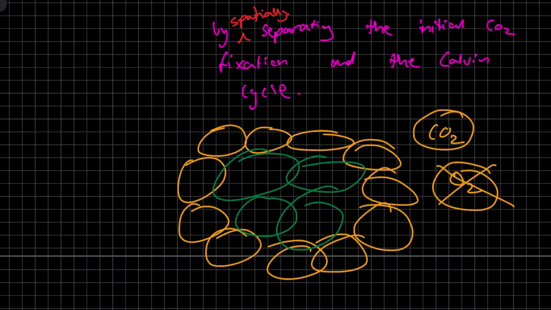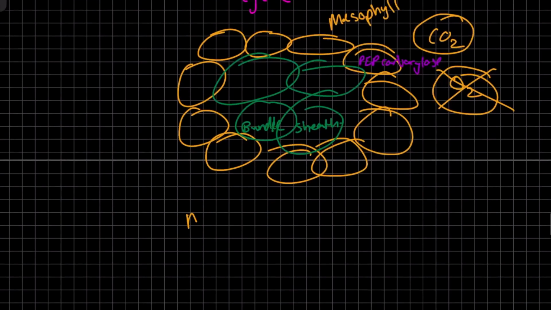Our mesophyll cells contain an enzyme known as PEP carboxylase. So maybe I should label this. Here are our mesophyll cells, and here are our bundle sheath cells. Within our mesophyll, we contain an enzyme known as PEP carboxylase. As we know, enzymes catalyze certain reactions.